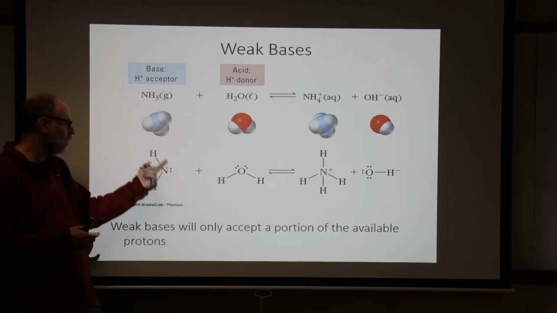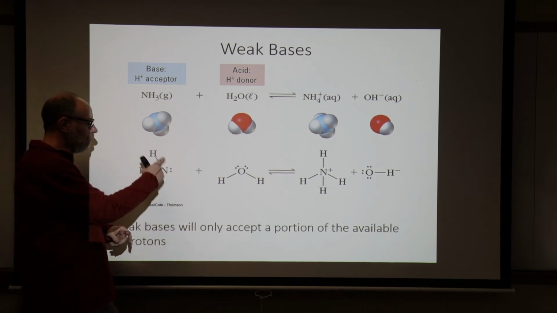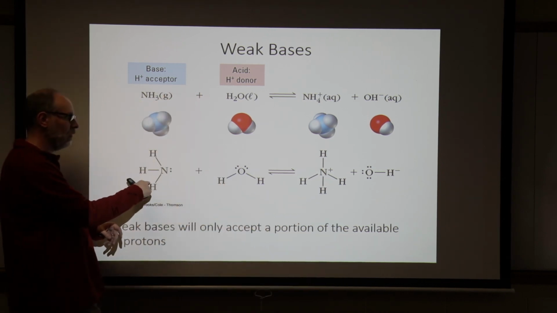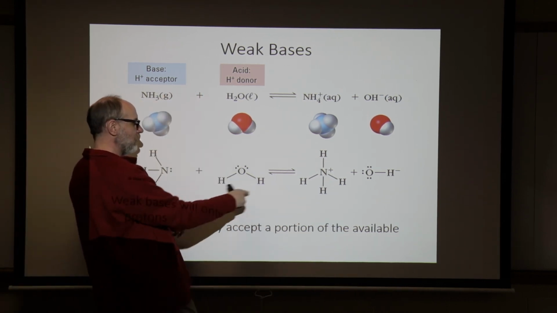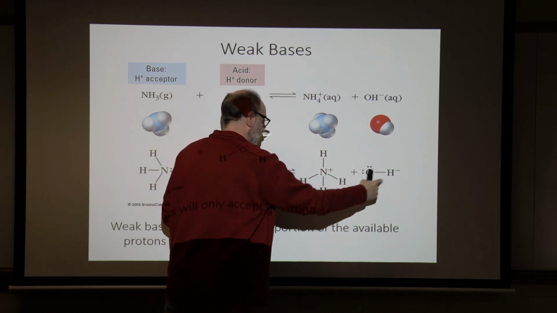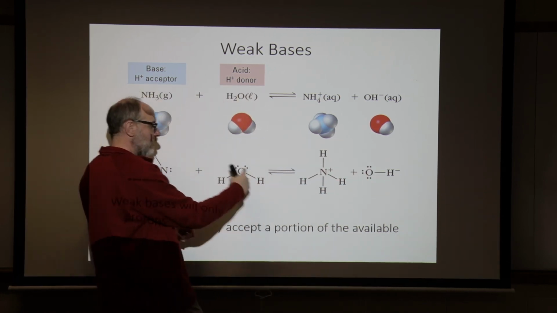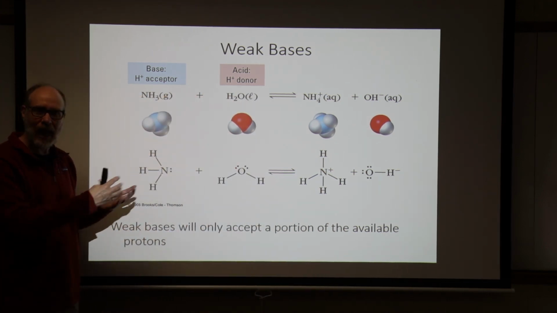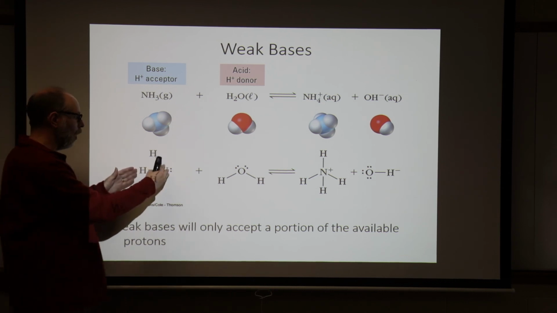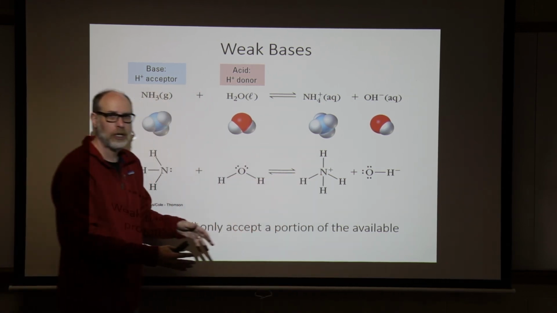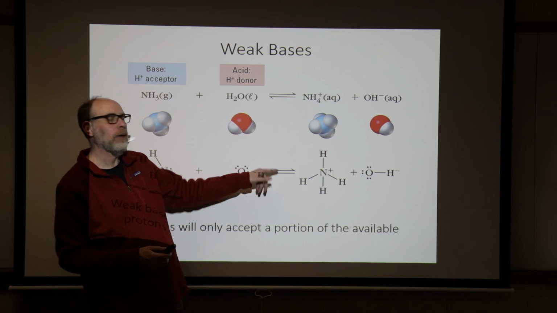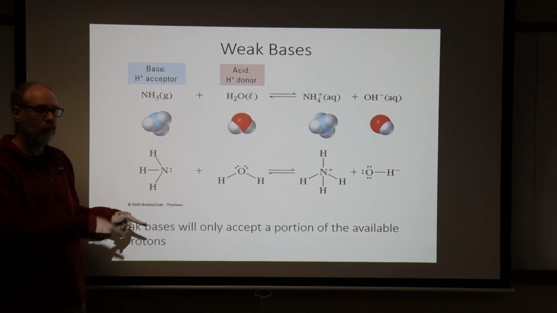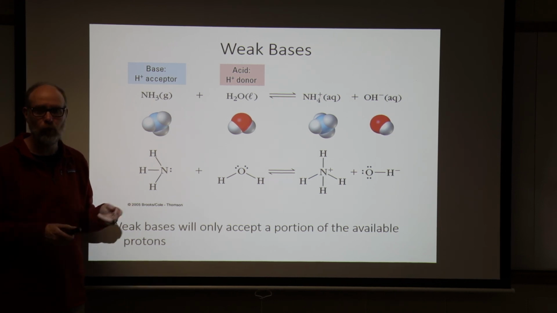Water will act as an acid, ammonia will act as a base, and then the ammonia will form ammonium ion, which is the conjugate acid of ammonia, and water will form hydroxide ion, its conjugate base. Except this doesn't happen stoichiometrically. It's not like 1 mole of ammonia produces 1 mole of ammonium ion. It's in equilibrium, and again, all those properties of equilibria will hold true for weak bases, same as with weak acids.